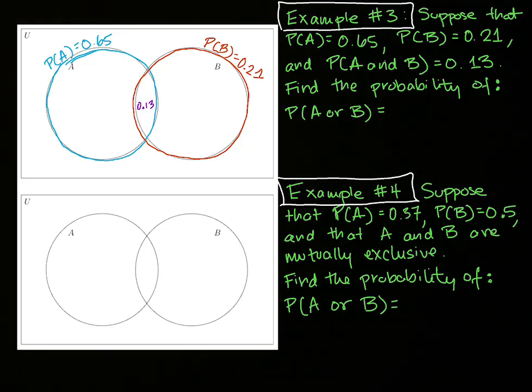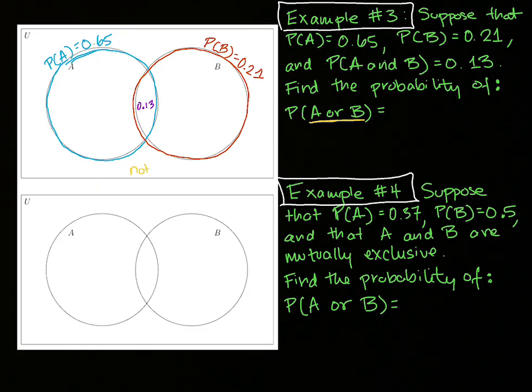Okay, so if you don't know the formula for or, we're going to use one of the addition rules because it's asking for the probability of A or B. And this one is not mutually exclusive.